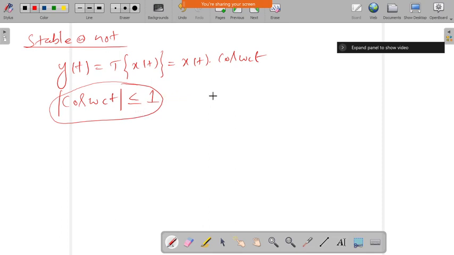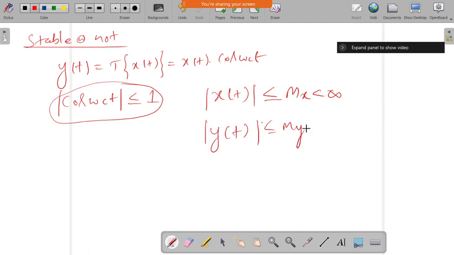Now if x of t is a bounded value, that is some finite value, then y of t will also give a finite value.